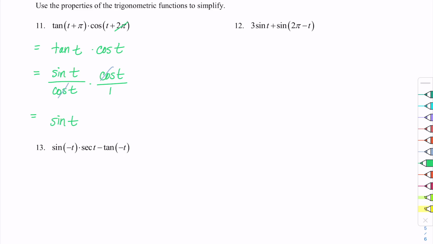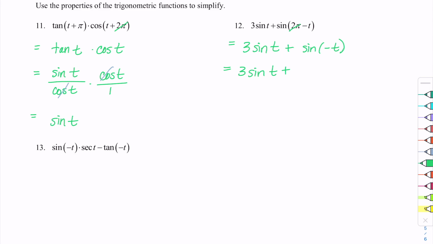and that's equal to the sine of t. Okay, taking a look at number 12, we have 3 multiplied by the sine of t plus, and now we have the sine of 2 pi minus t, and of course that's equal to the sine of the opposite of t, okay? Now we just learned that the sine is an odd function. And what do we know about odd functions?